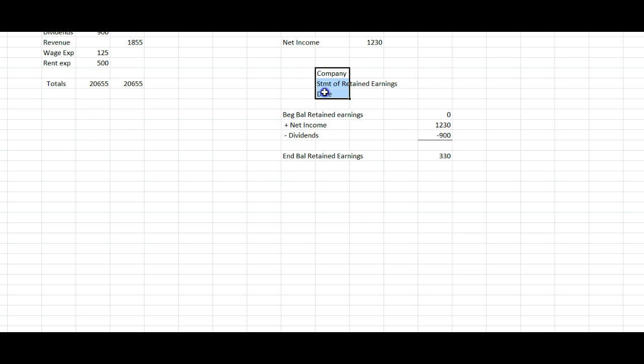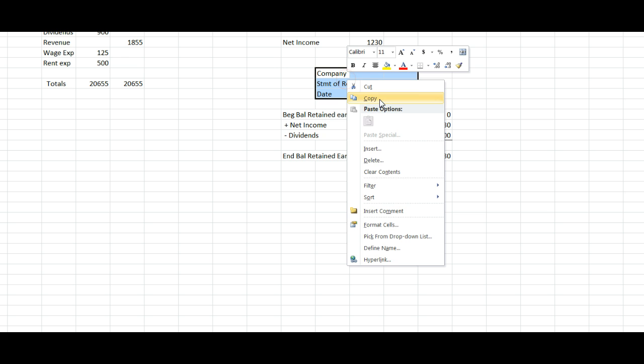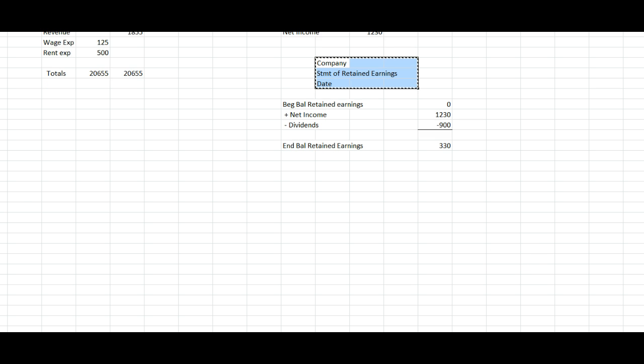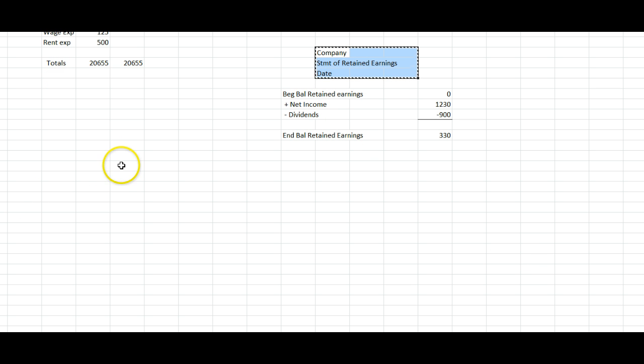And we have one more financial statement to take care of. I'm just going to copy over the headings here. Let's see, maybe we could go down a little bit further. And we'll put it here. This is going to be our final statement that we're going to look at, and that's our balance sheet.